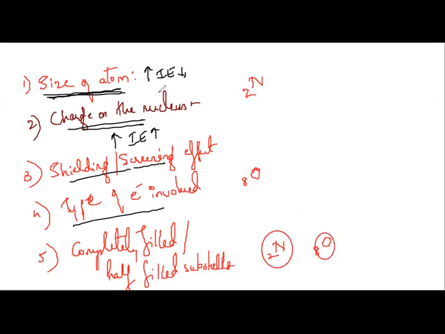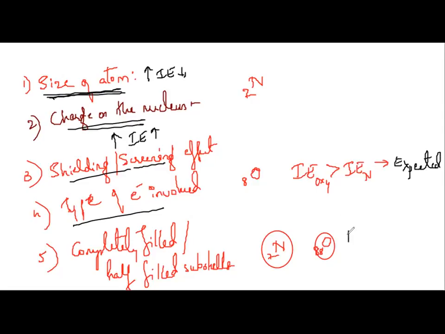So where I need more energy to remove the electron, the ionization energy of oxygen should be more than the ionization energy of nitrogen. This is what is expected.